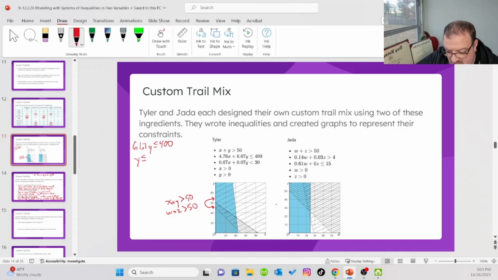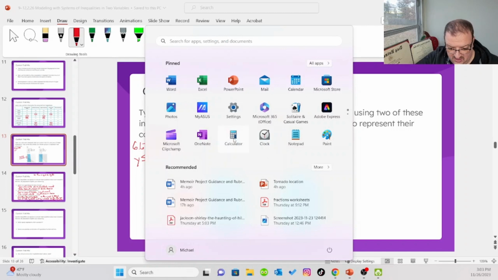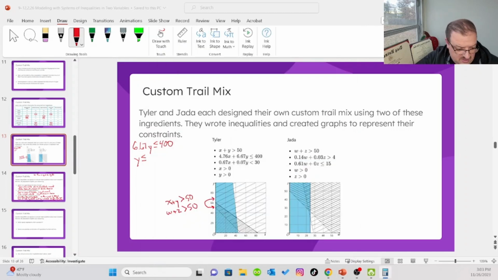Y is less than or equal to 400 divided by 6.67, which is 59.97, so just about 60. We can see a point at 60 right here.